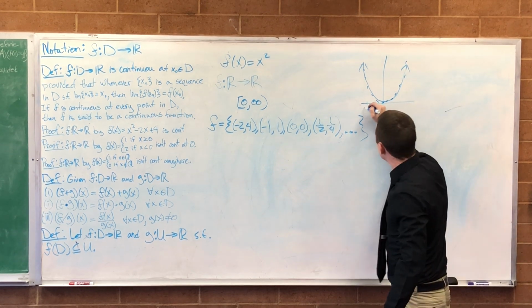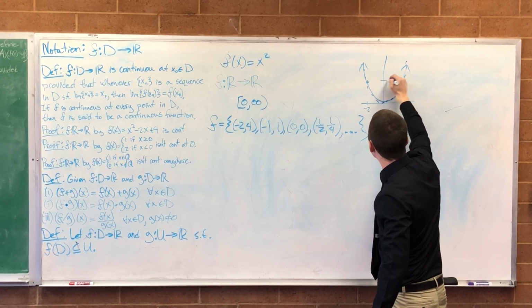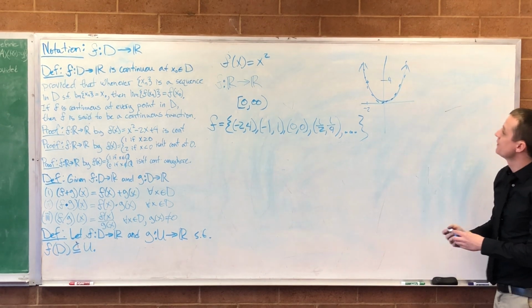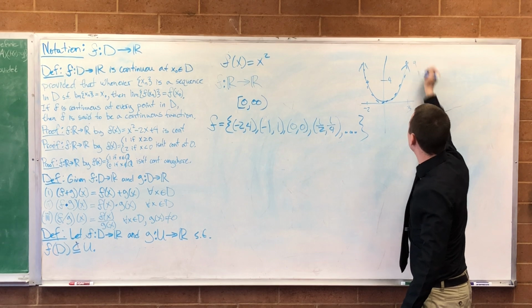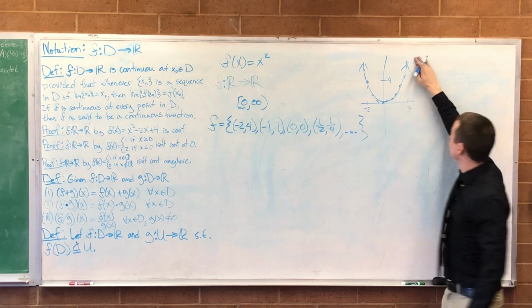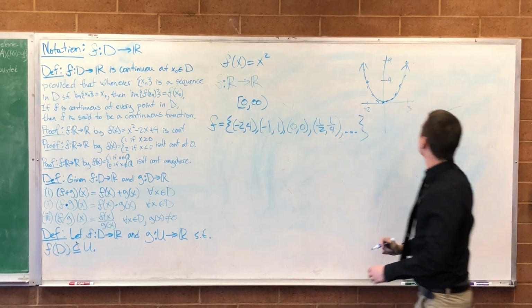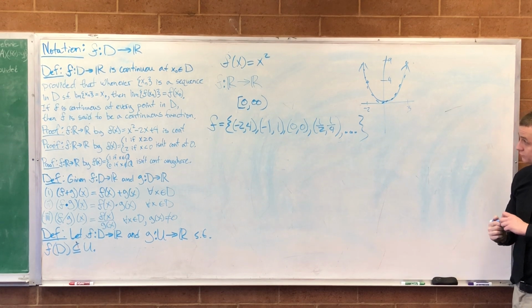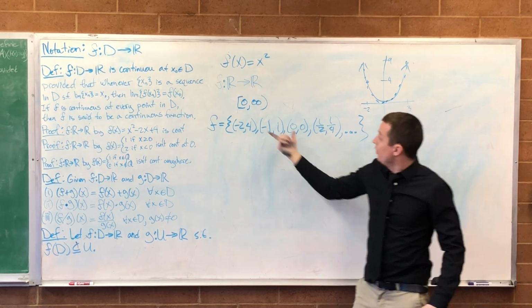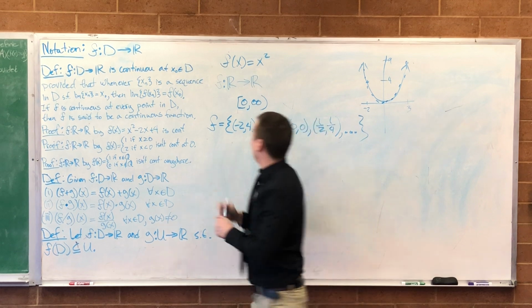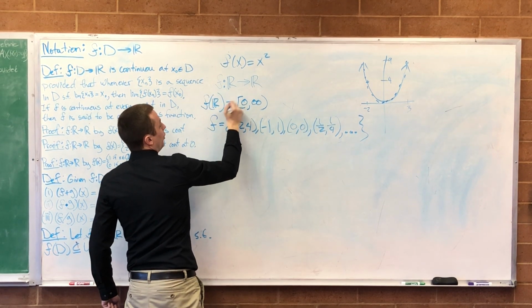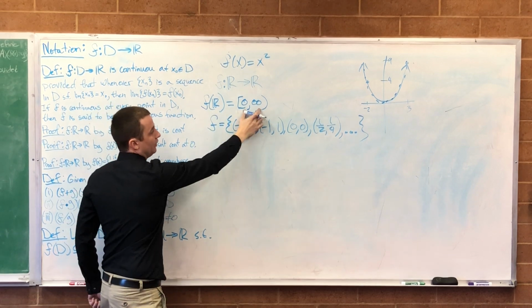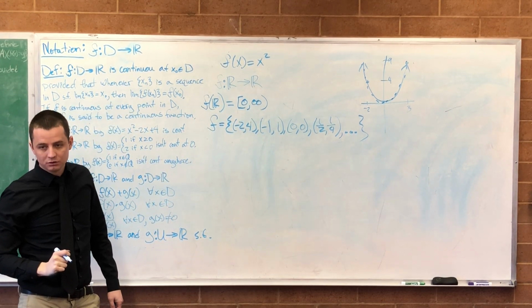If I take -2, it goes up to the number 4, right? Or if I take 3 over here, it goes up to the number 9. 9 would be how high it is here. Anyways, so that's what we mean. This is what we mean by f of R. I'm saying f of the whole set R, when I plug in the whole set R to my function f, these are all the values I get out.